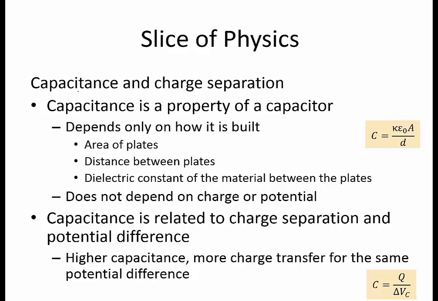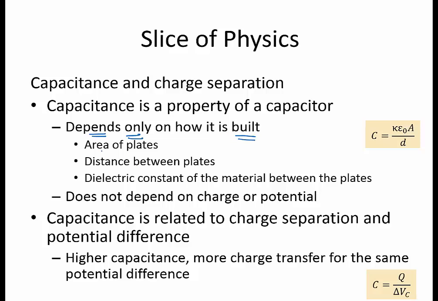In this slice of physics, we learned more about capacitance, specifically about how it affects the charge separation between the plates of a capacitor in order to achieve a known potential difference. We reminded ourselves that the capacitance of the capacitor is a property of the capacitor and only depends on how the capacitor is built and not on how it's used.